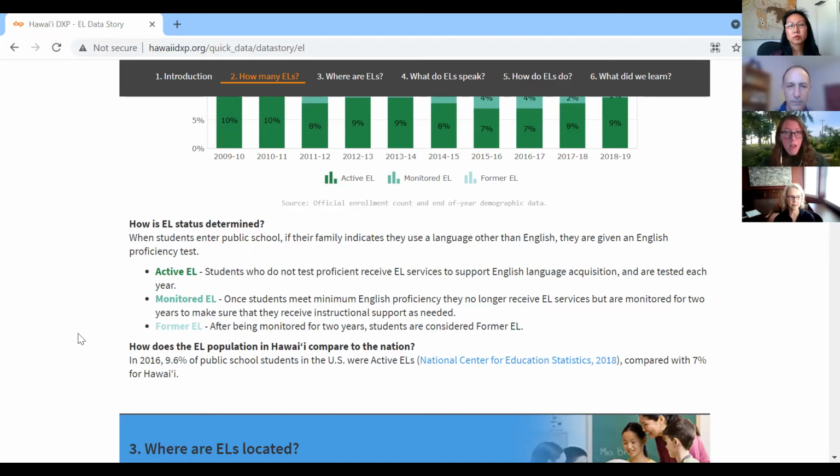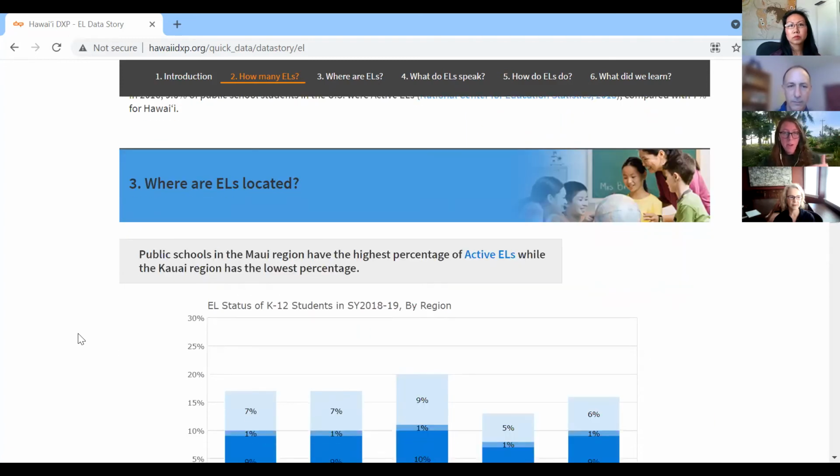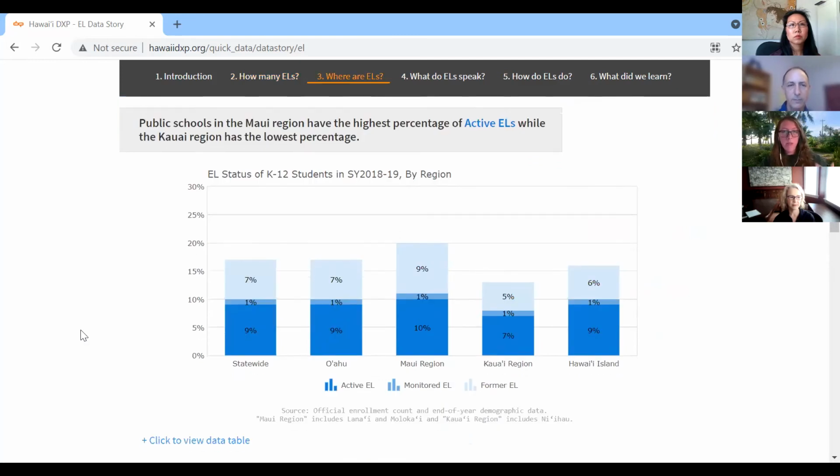And then through there, we get further disaggregation of the different regions, how students are spread out across the state. And you'll see that Maui has the highest percentage of active ELs, while Kauai has the lowest. But you can see that they're roughly equivalent across the different islands of the state.